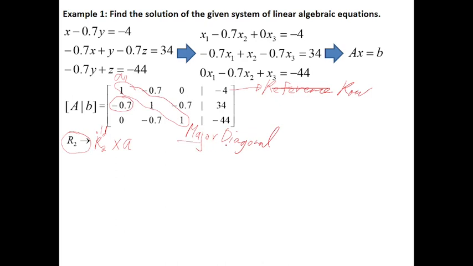So that negative 0.7 will be converted to 0. That means we multiply this by A11. And then, the next step is to subtract. We'll subtract what?